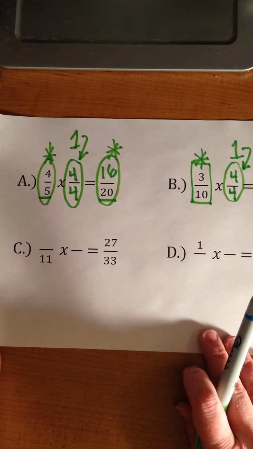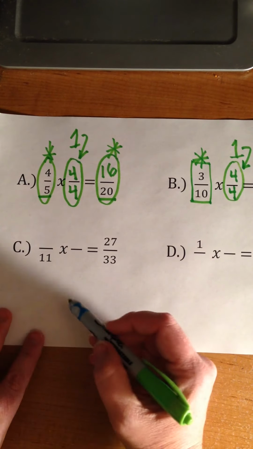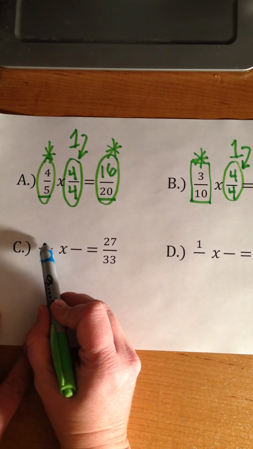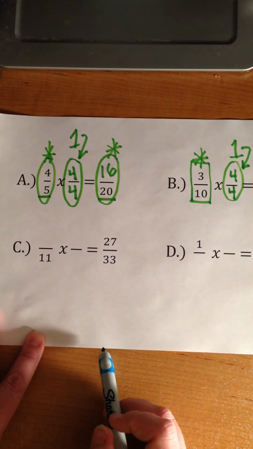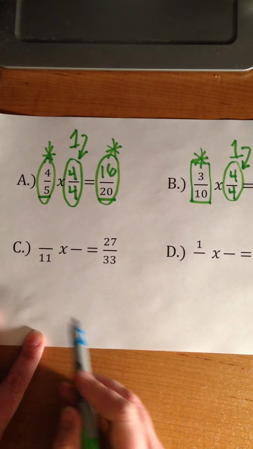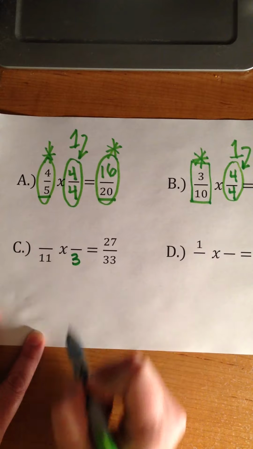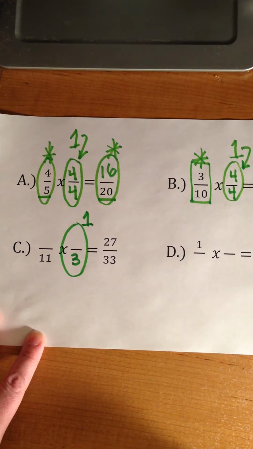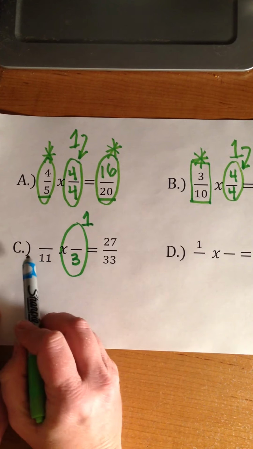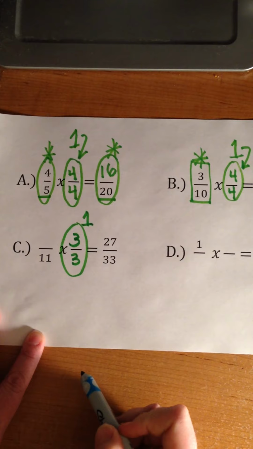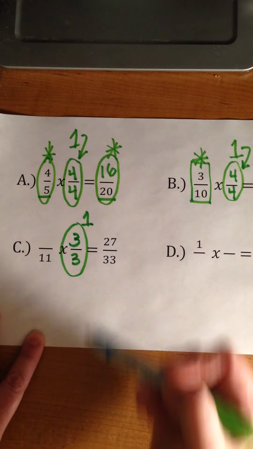All right, in these, you will see that the same process is going on, except this time the numerator is missing in the first fraction. So we have to kind of look ahead and say, 11 times what number gives me 33? Well, I know that's 3. And once again, this middle fraction has to equal 1 for the identity property. So now I have to ask myself, what would the numerator be? Well, the numerator would be 3. Because in order to equal 1 whole, it has to be 3/3.